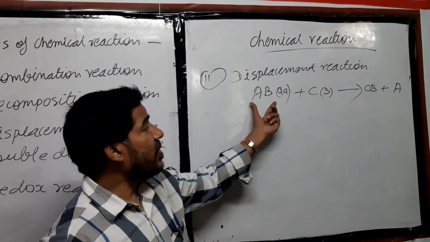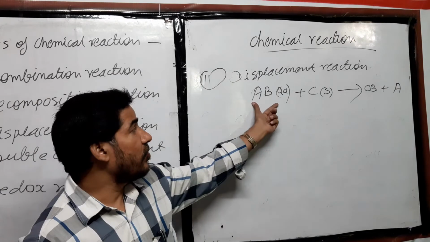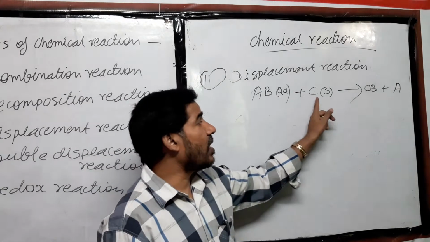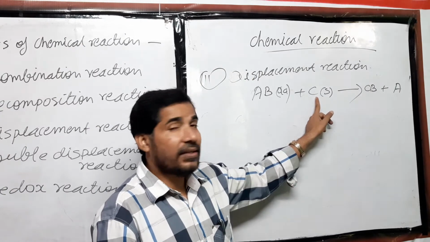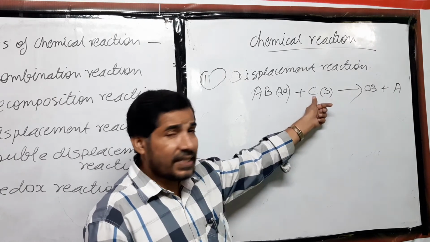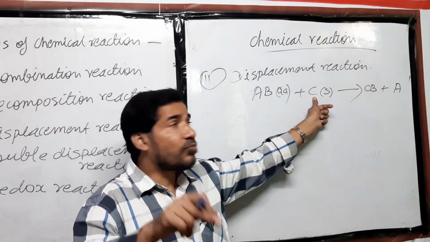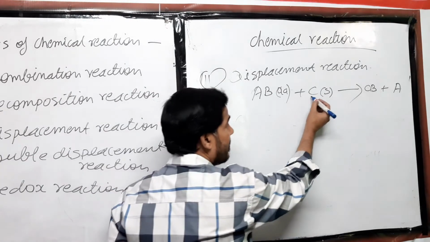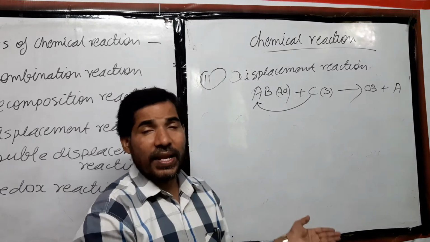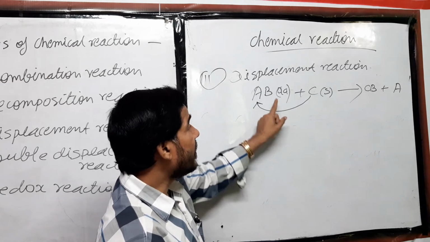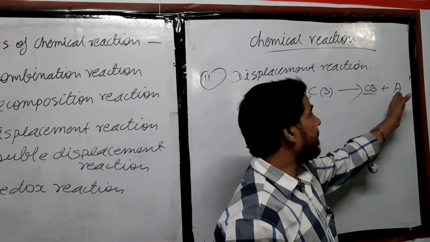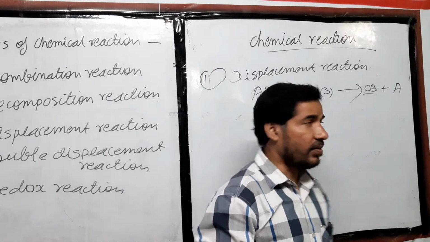Here AB is a compound present in the form of aqueous solution. When it reacts with another element C, since C is more reactive than A, it will displace A, and C reacts with B and forms CB, and A gets displaced from the reaction.